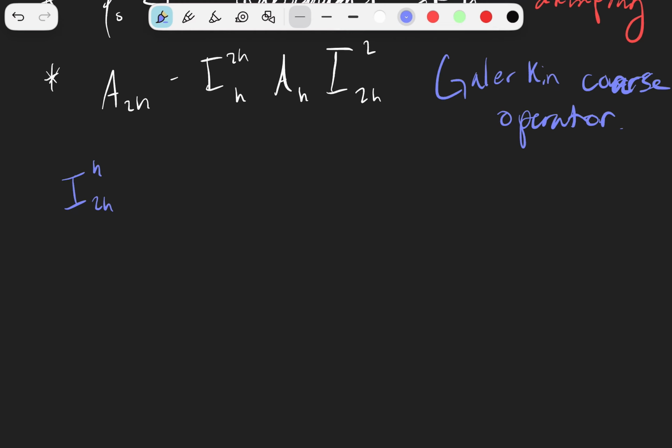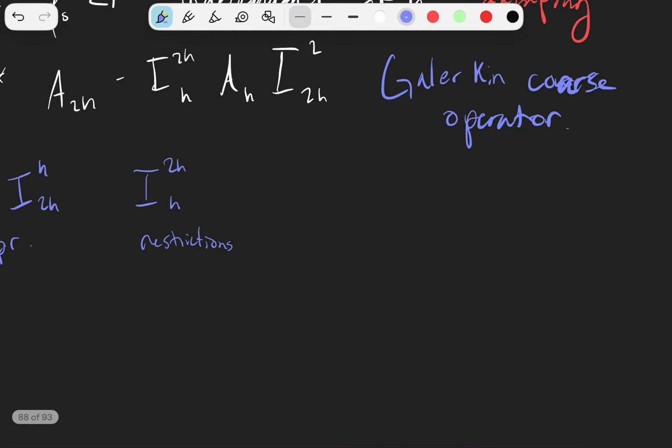So we're going from 2h to h, to the finer grid, and the restriction. So this is prolongation, and then here's restriction. These satisfy approximation properties.